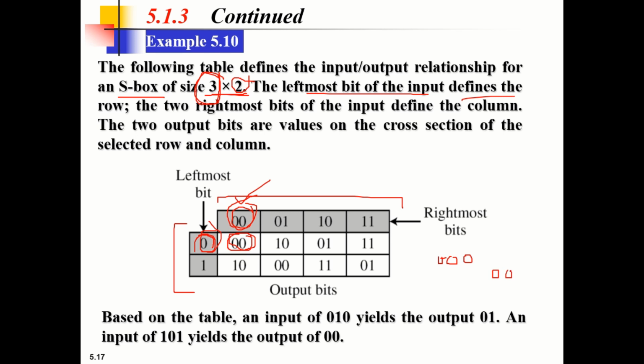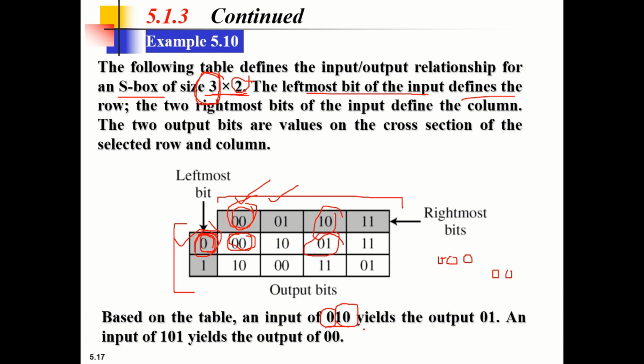One more example is given over here. If the input is 0, 1, 0, that means the leftmost bit you check in the row, and the two rightmost bits you check in the column. So 0, 1, 0 takes you from here, this 0 is over here and 1, 0 is over here. For 0, 1, 0, the output will be this one, 0, 1.